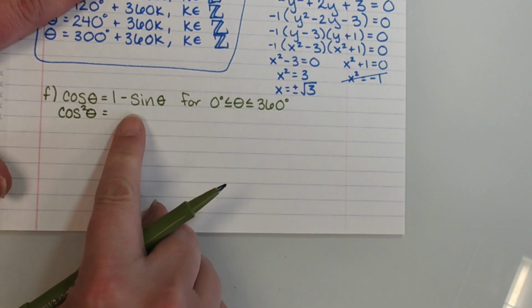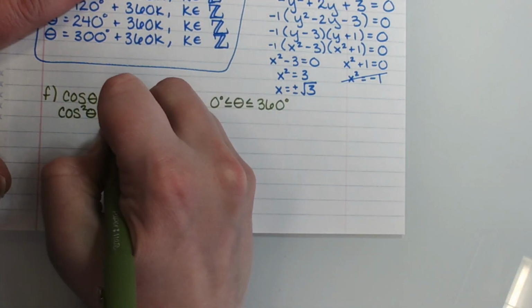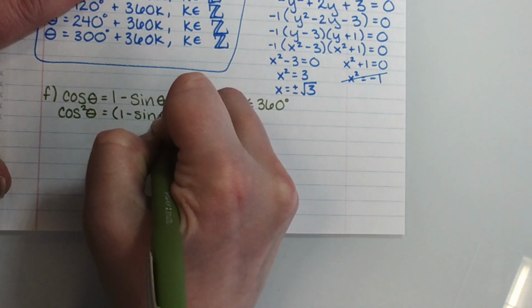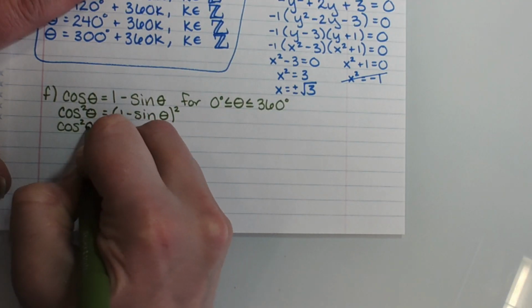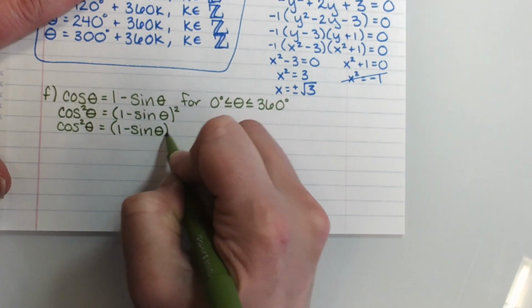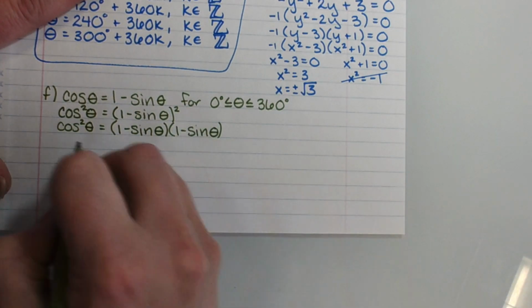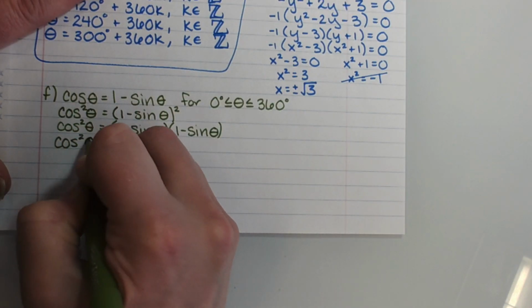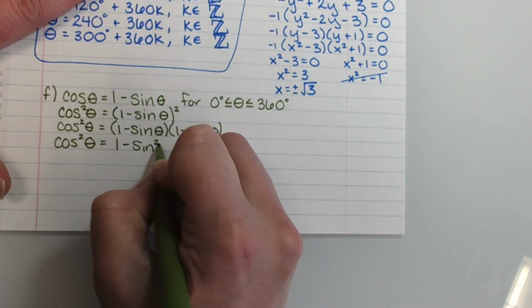How do I square 1 minus sine? Hint, it's not 1 minus sine squared. I have to square the entire thing, which means I'm putting it in parentheses to square it. And to square a binomial is to multiply it by itself. So I FOIL that out. 1 times 1 is 1. 1 times negative sine is negative sine.